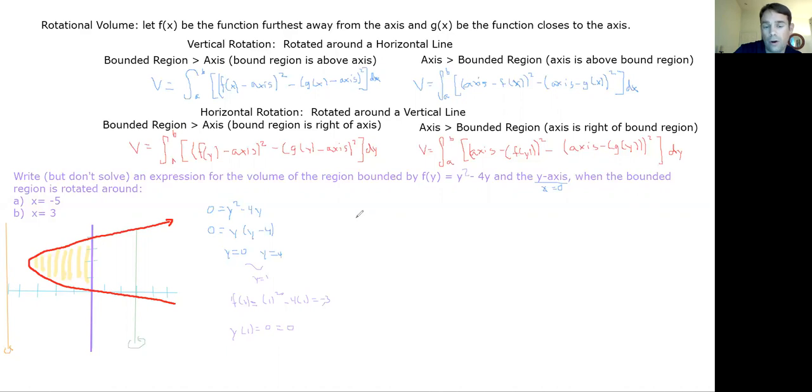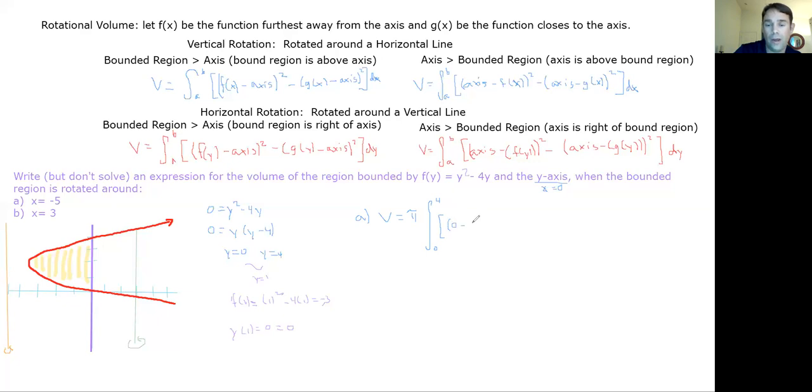So we can go ahead and write our functions here. So on part A, the bounded region is greater than the axis of rotation. So the bounded region functions will come first. We're going from 0 to 4. And I'm going to take the bigger function. So the bigger function is 0.